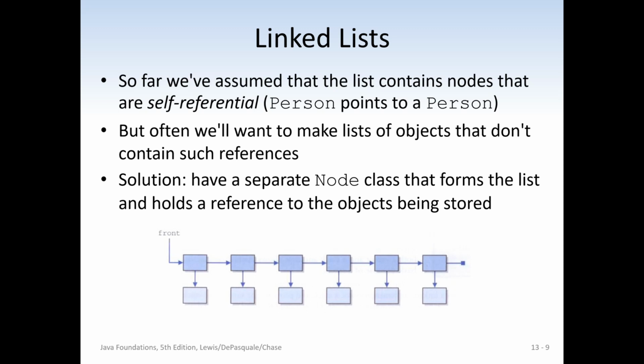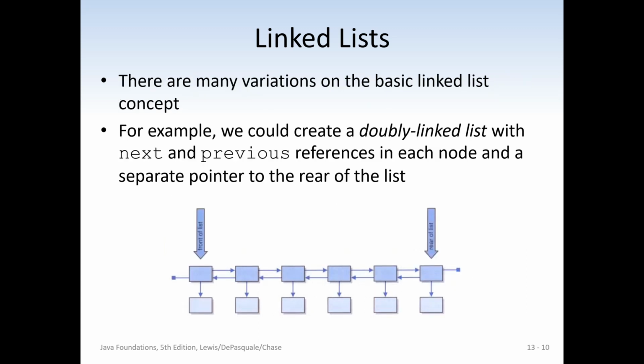All right? So there's a lot of different variations on the basic linked list concept. For example, you can create a doubly linked list with next and previous references, and a separate pointer to the rear of the list. Then we can do lots of nice stuff with this. We can go forward and backwards in the list. It makes it a lot easier to add and remove things from the list if it's doubly linked. We can sort a little easier.